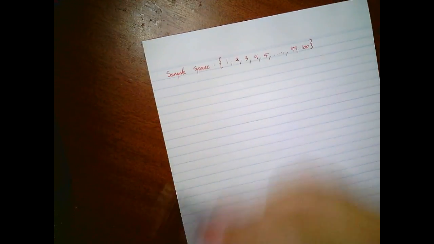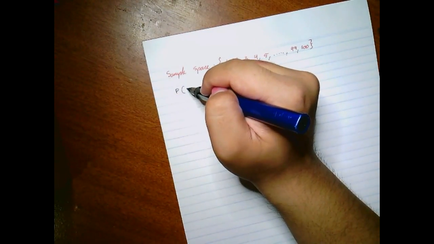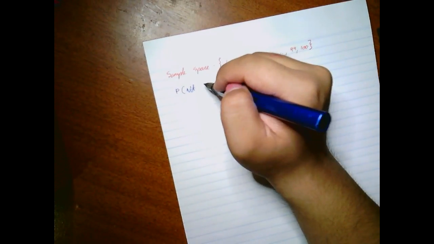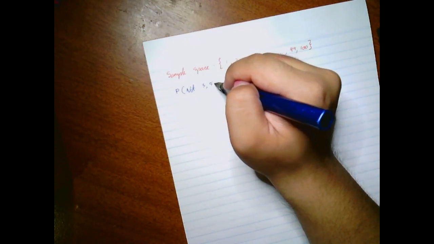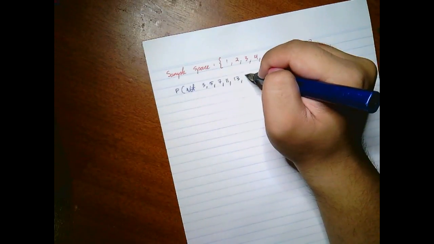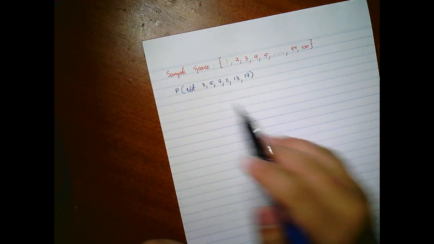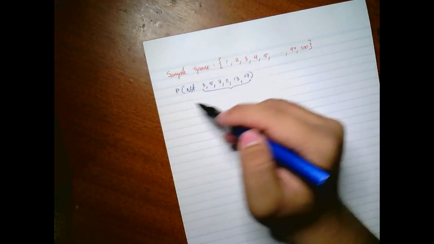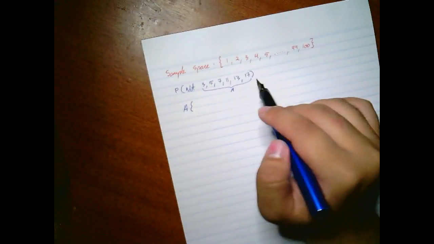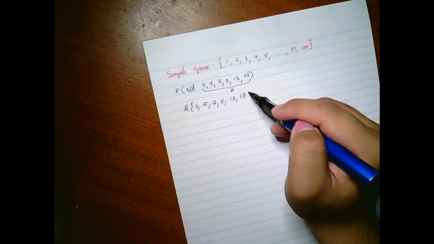If they told us to calculate the probability of not 3, 5, 7, 11, 13, and 17, rather than list everything, look, here we have the group A. The numbers that fit this event are 3, 5, 7, 11, 13, and 17.